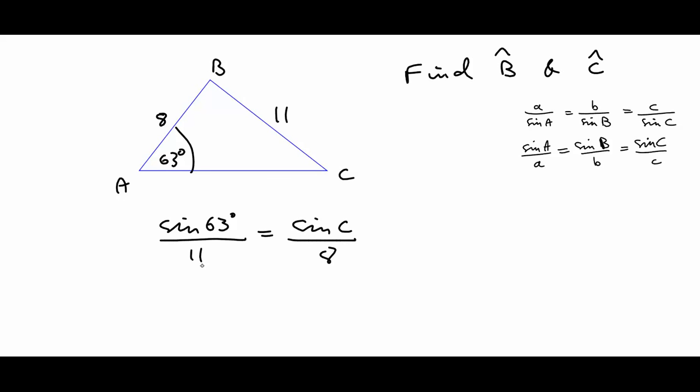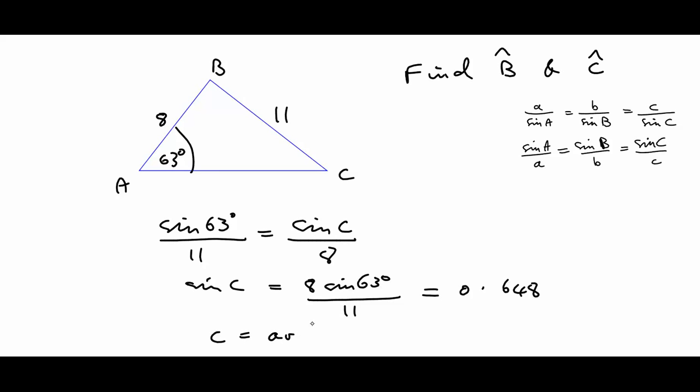So multiplying through by 8, we'll have sine C equal 8 sine 63 divided by 11, which equals 0.648 on the calculator, and so C is equal to the angle whose sine is 0.648, or arc sine 0.648, and from the calculator that is 40.4 degrees.